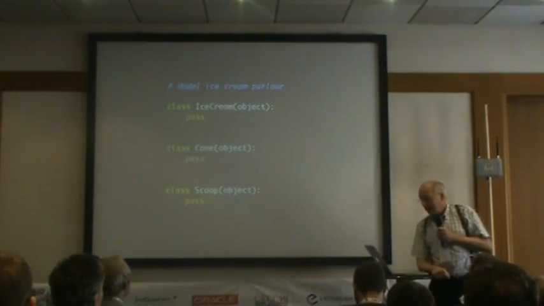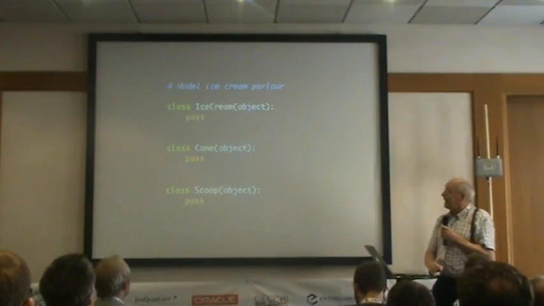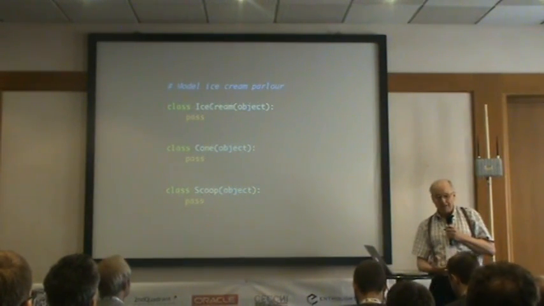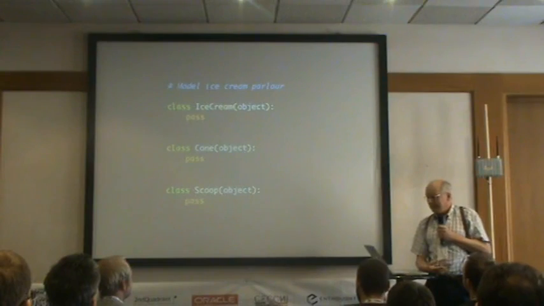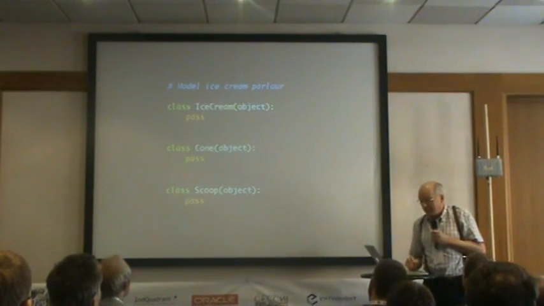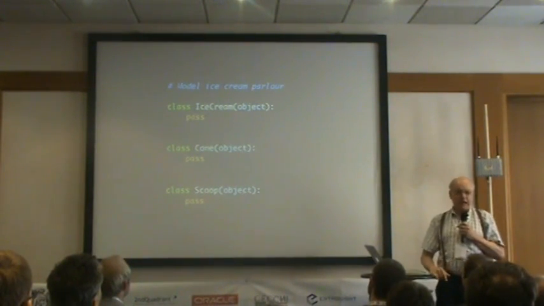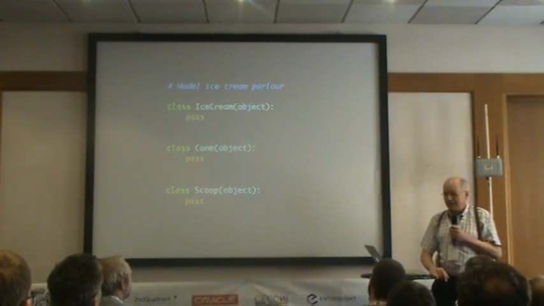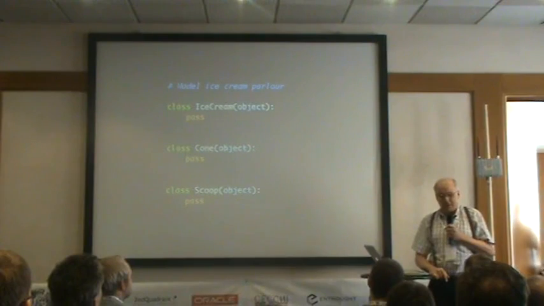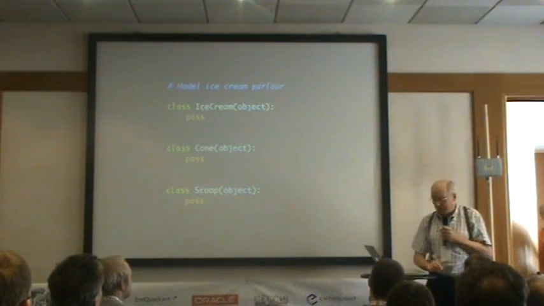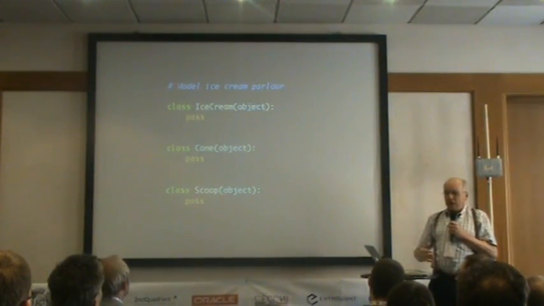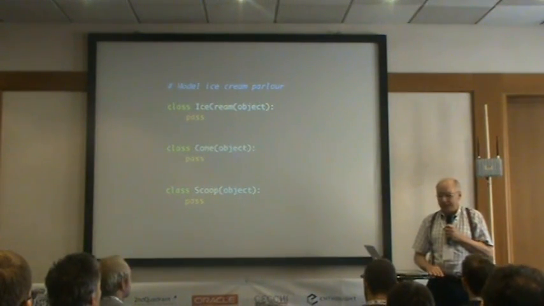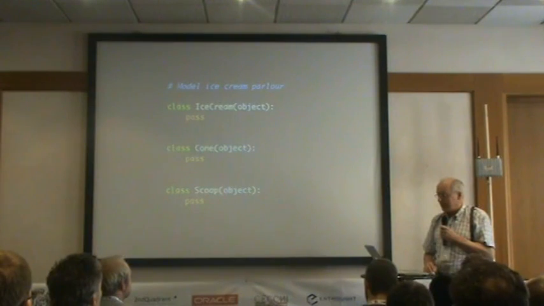So I start by creating a number of classes. I'm going to model the system. And I can think of ice cream and cones and scoops, and on a good agile development principle, only want to write code for the problem I know of at the moment, the simplest possible thing that would work. I can then write the obvious rule code. But would that actually be a good idea?